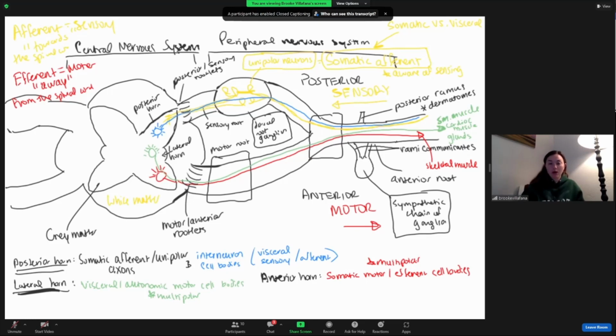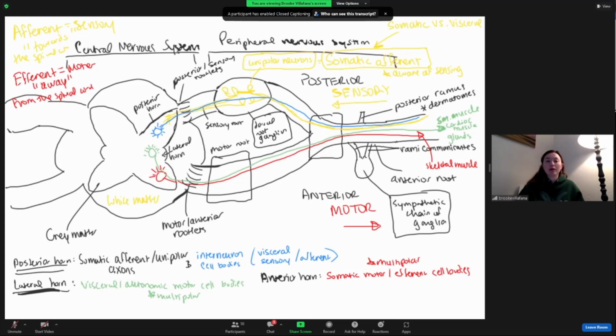But for the most part, what we just covered, a speedy overview, is the majority of what you would need to know, right? Sensory is coming in the back. It has two formats. Either it can be somatic, which has its cell bodies in the dorsal root ganglion, or it can be visceral, which has its cell bodies in the posterior horn.